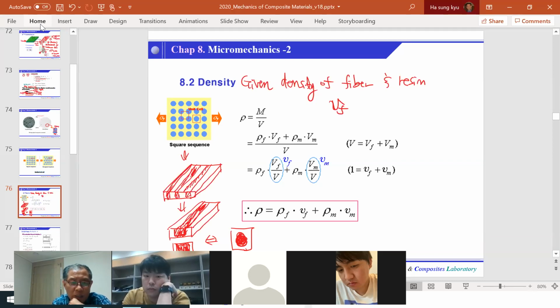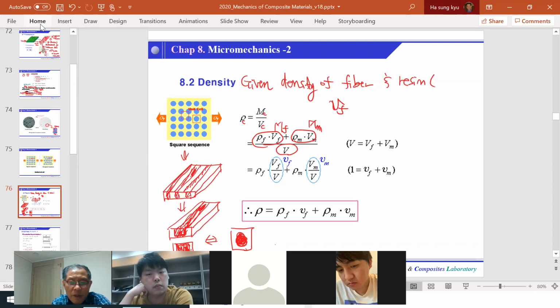So density of a composite is simply the total mass of the composite divided by the total volume. This is the mass of the fiber, and this is the mass of the resin or matrix.